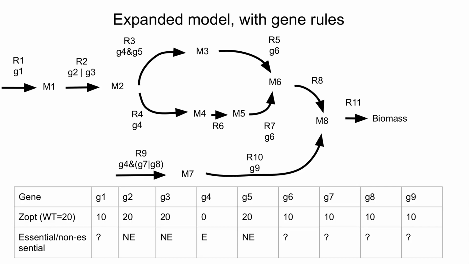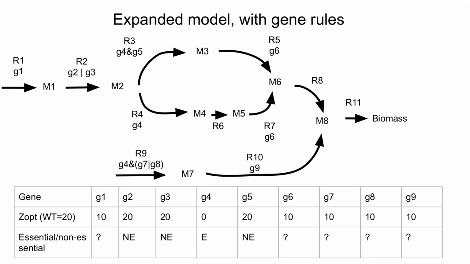Now it gets a bit more interesting. Now let us move to G4. We see that G4 figures in 3 different reactions. We see that it figures in R3, in R4, and R9. We can start with the simplest one, R4. We see that G4 singularly governs R4.